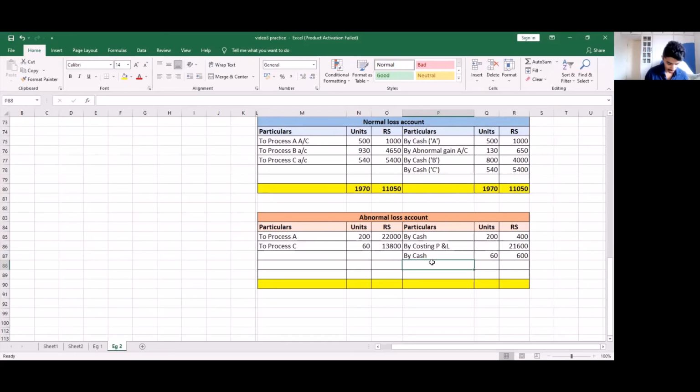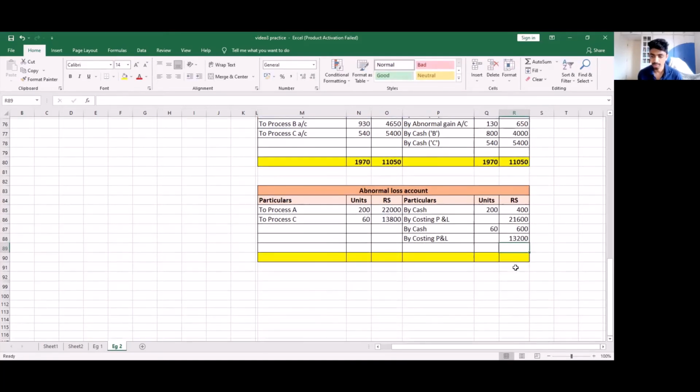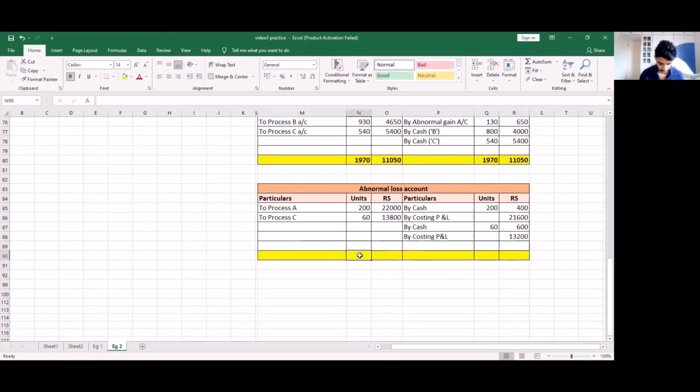So we will show this as by costing P&L, and again we will do 13,800 minus 600. Now let's sum this account to see if it tallies. This account has tallied. Let me briefly explain this abnormal loss account once again.